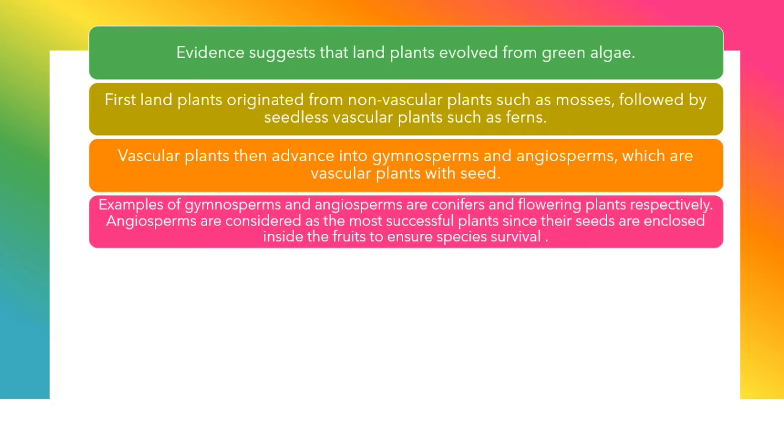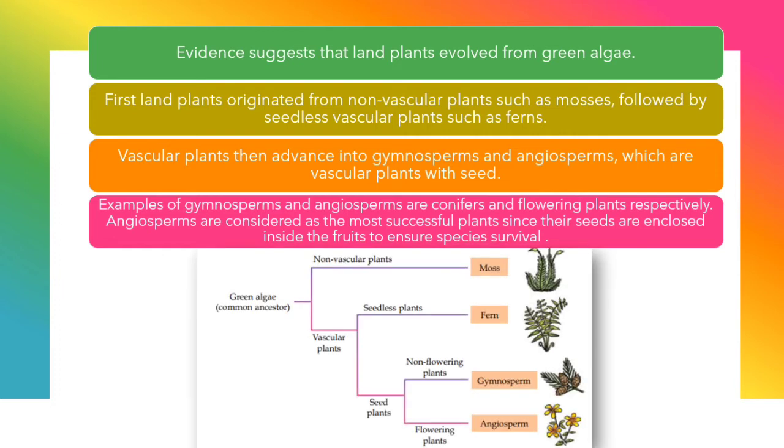Angiosperms are considered the most successful plants since their seeds are enclosed inside the fruit to ensure the species' survival.